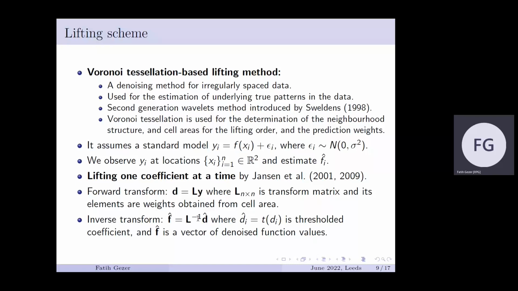And then we apply the inverse transform, which gives the estimate of the underlying true pattern, f hat i. If we don't do any thresholding on the coefficients, it will directly output the noisy data values y. So the function estimation is made using this transform matrix and the inverse transform of the thresholded coefficients.